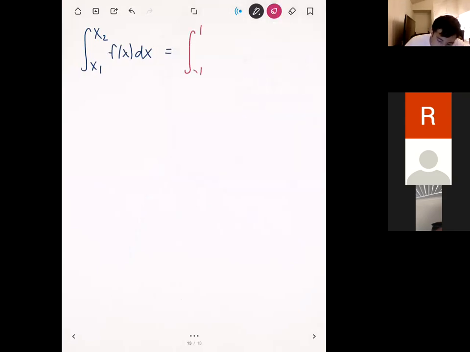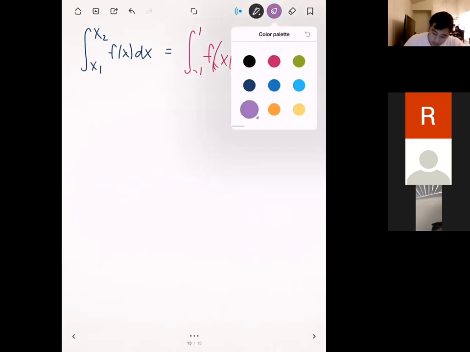That's non-negotiable, otherwise we can't use the table. So we have to perform a change of variable. We're going to have an f of x, but we're going to express x in terms of our zeta coordinate. So we're changing from an x coordinate to a zeta. And in addition, we're going to multiply by this extra guy right here.